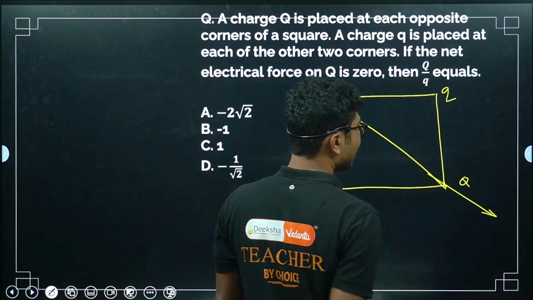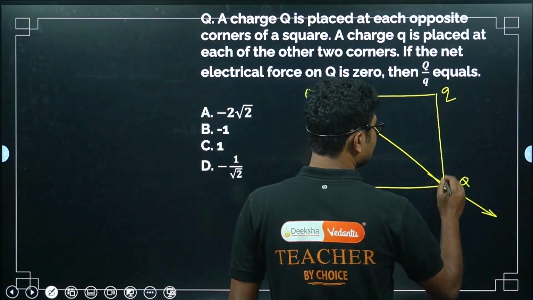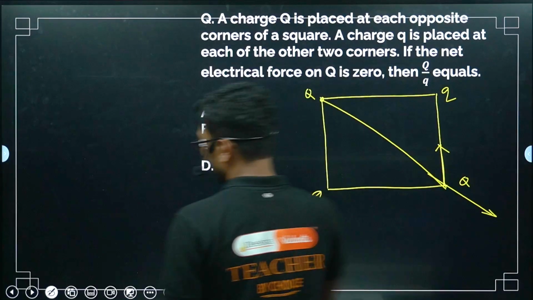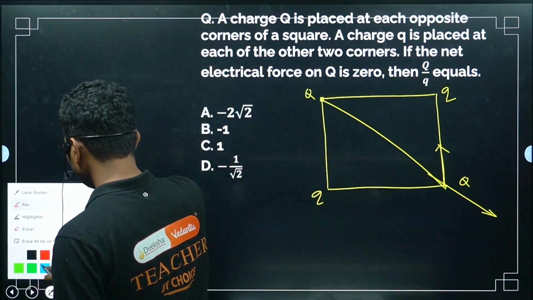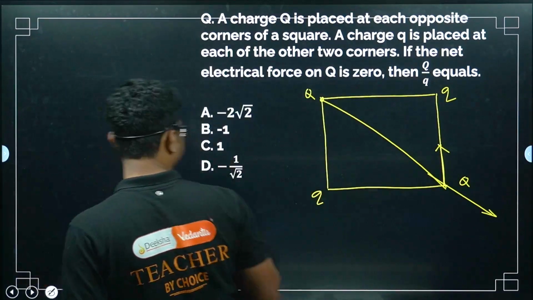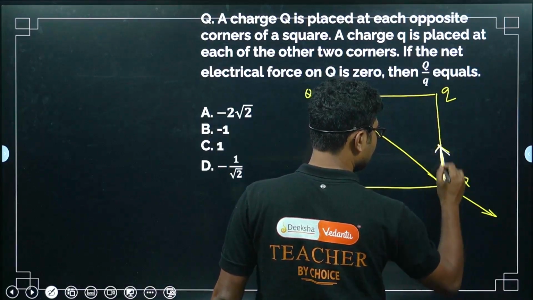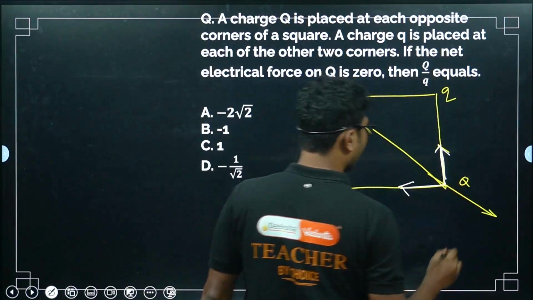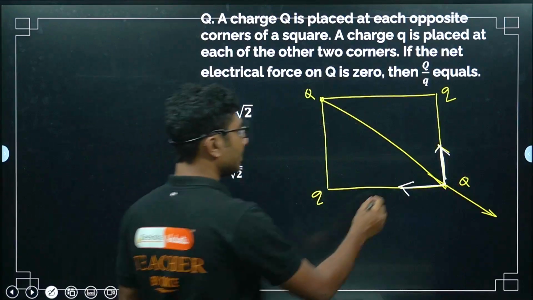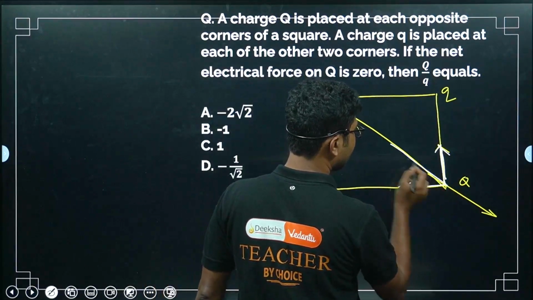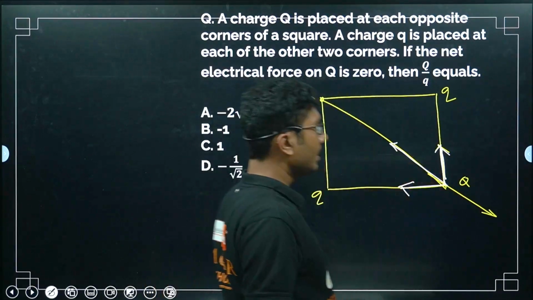So this is acting in this direction. To balance this, the attractive force has to act in this direction. The attractive force must act in this direction. Now the resultant of these two forces will be in this direction, so it will balance it, right?